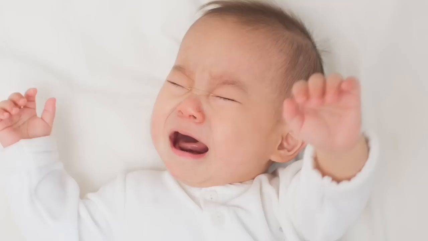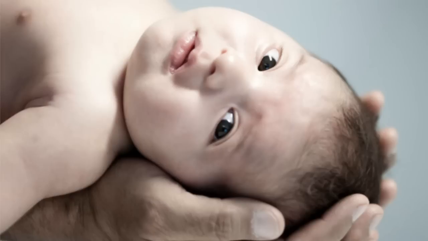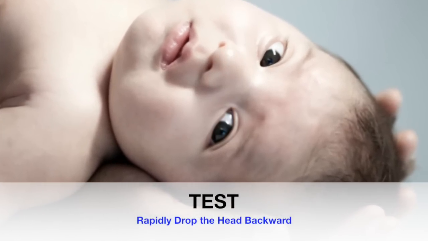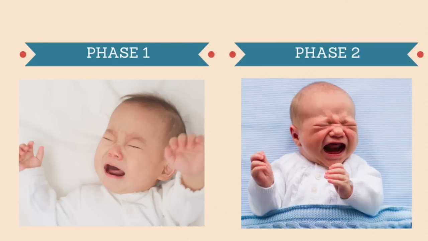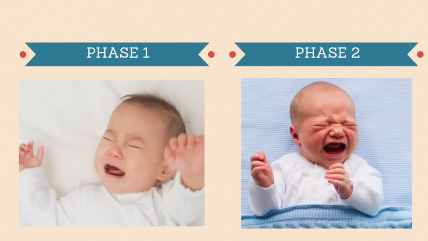To test for this reflex, you would create a falling sensation by rapidly dropping the baby's head backwards. And what you'll see is an immediate arm extension and abduction, followed by a second phase, which is arm flexion and adduction, and usually crying.